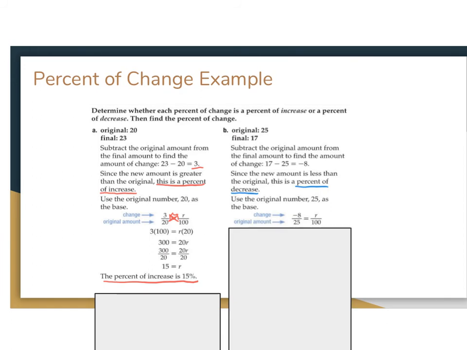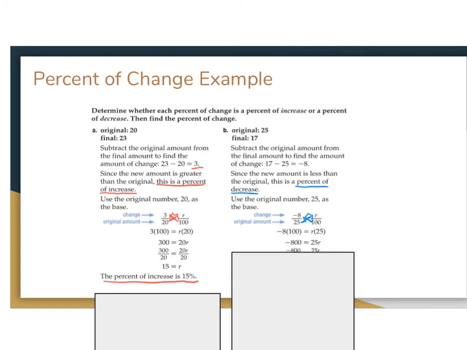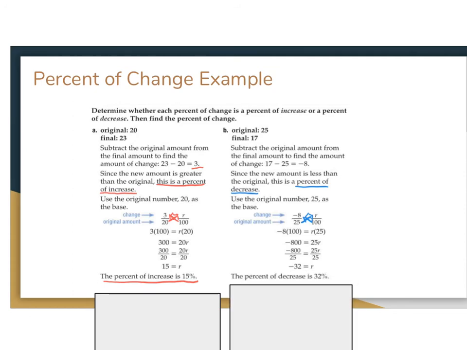We put our -8 as the change. We do our cross product like we've been doing. We see that -800 is equal to 25R. We isolate R, and we see that our change is -32, which means it's going to be a decrease of 32%.